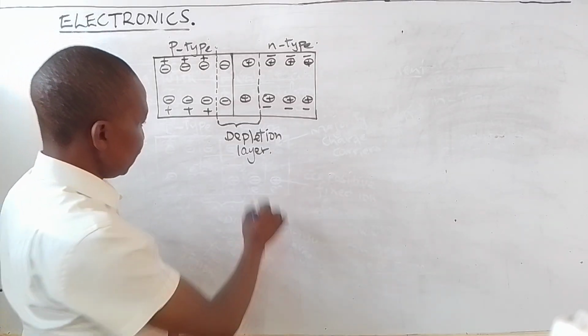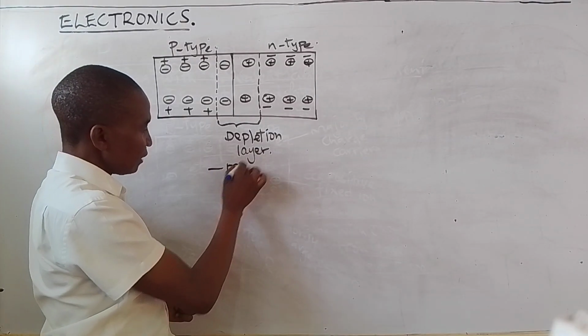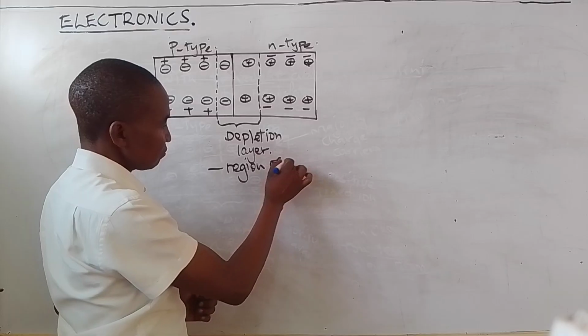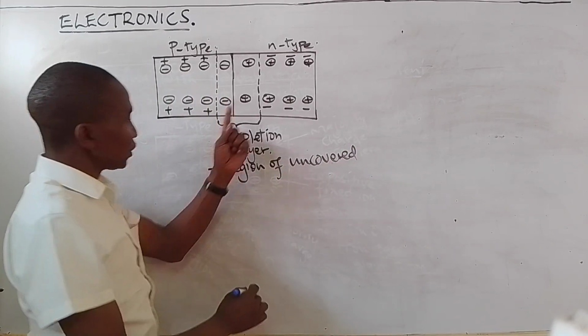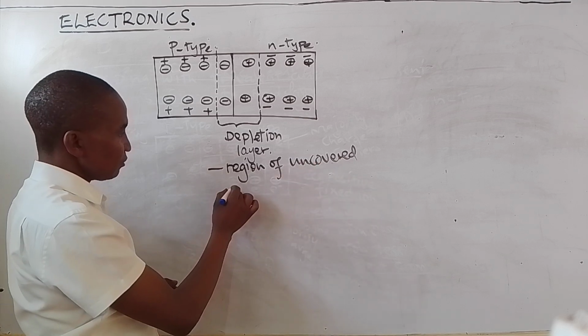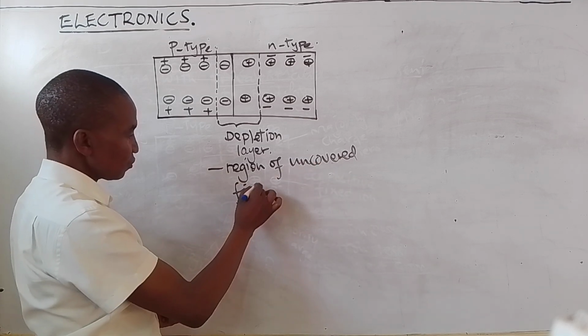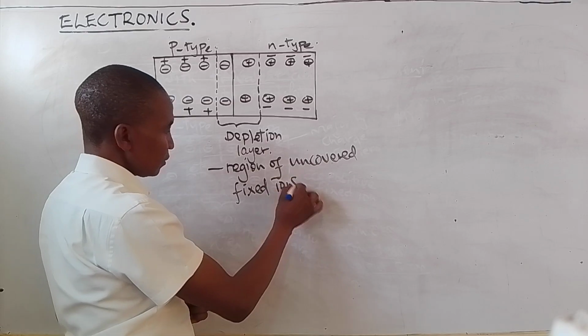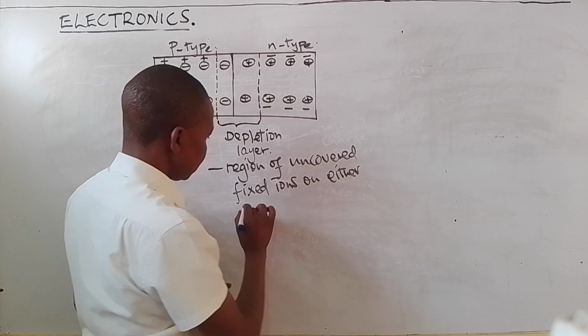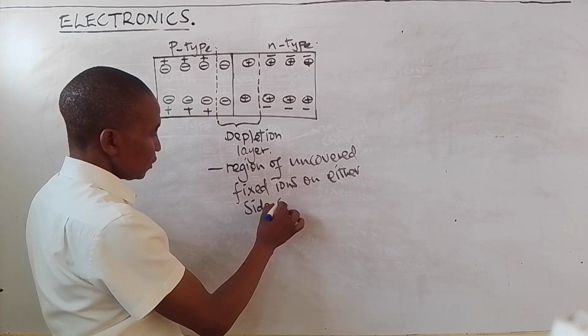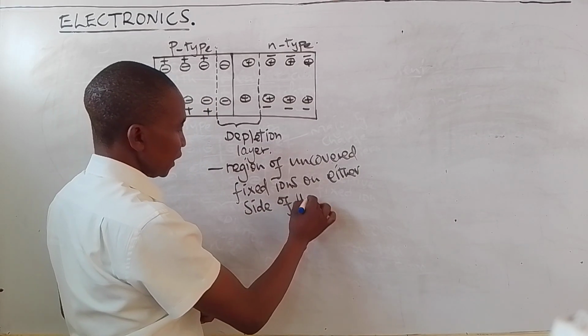So a depression layer is a region of uncovered fixed ions. If you ask what is a depression layer, it's a region of uncovered fixed ions on either side of the p-n junction.